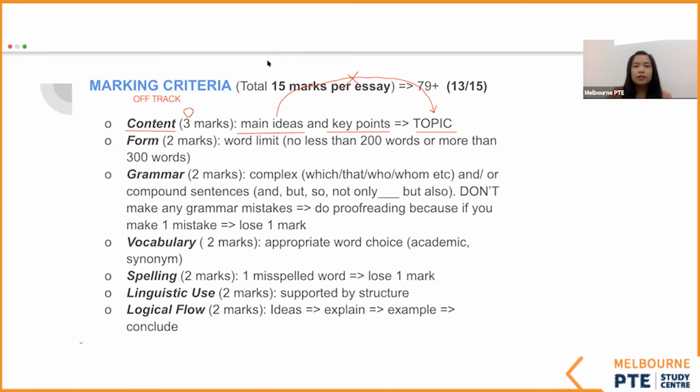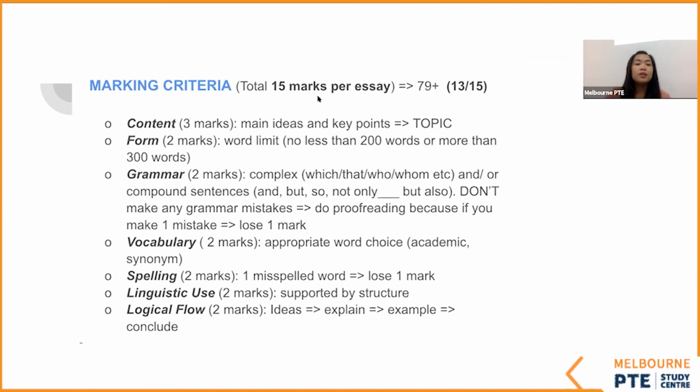Right, my question is, what if my essay is completely off track? For example, you write a beautiful essay, right? But nothing related to the topic. Whatever you write down in your essay, nothing related to the topic. How many marks do you think you're gonna get for your essay? Out of 15 marks for one essay, how many marks do you think you're gonna get if your essay is off track?